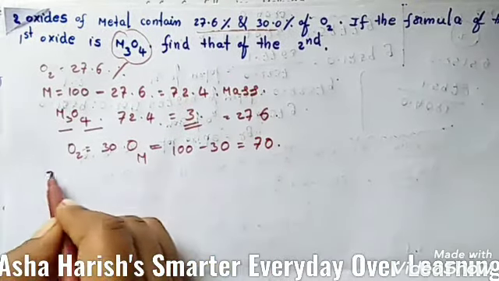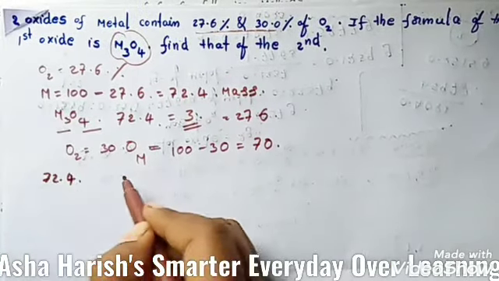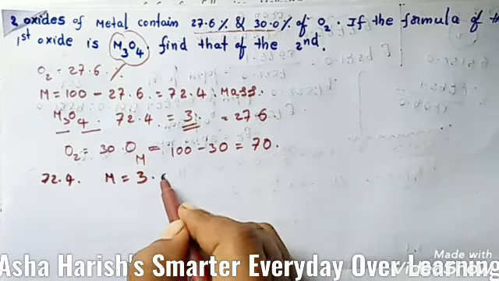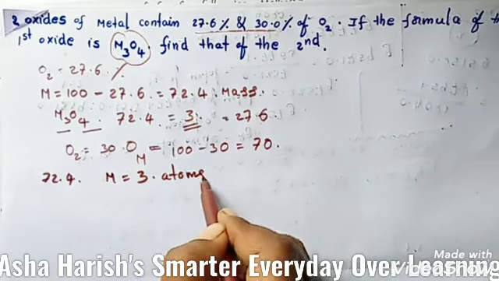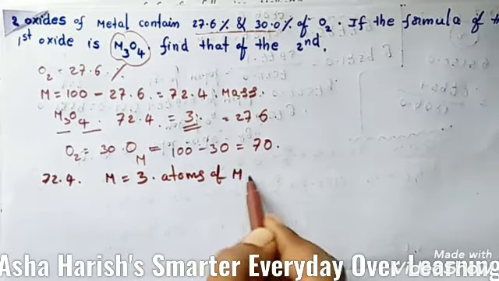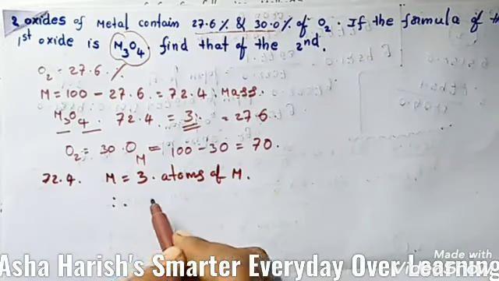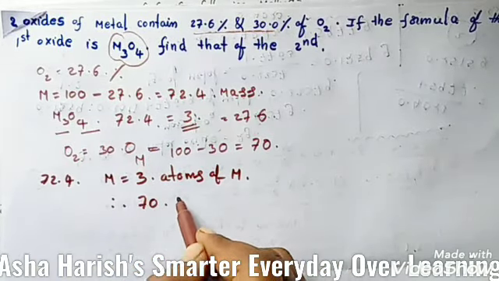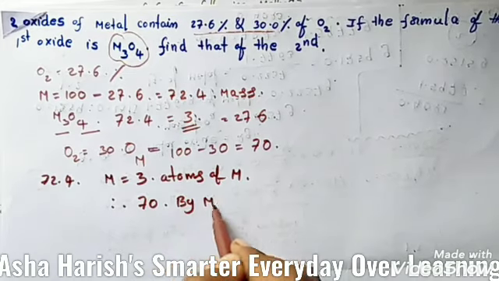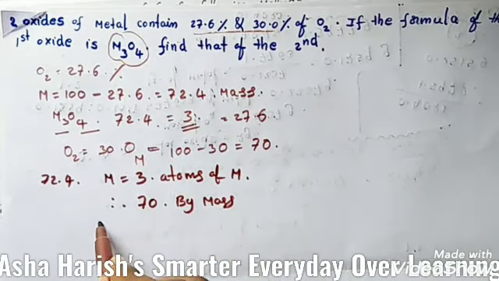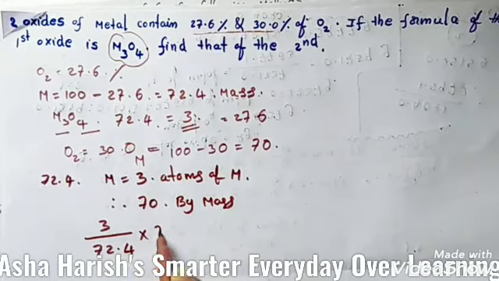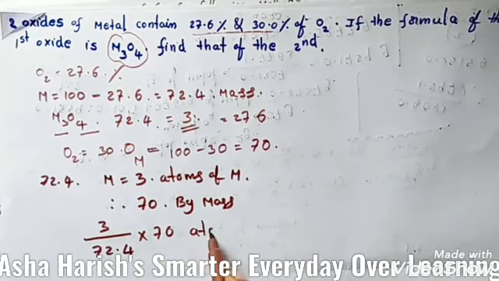But 72.4 parts by mass of metal is equal to 3 atoms of metal. Therefore, 70 parts by mass of metal is equal to 3 by 72.4 into 70 atoms of metal.